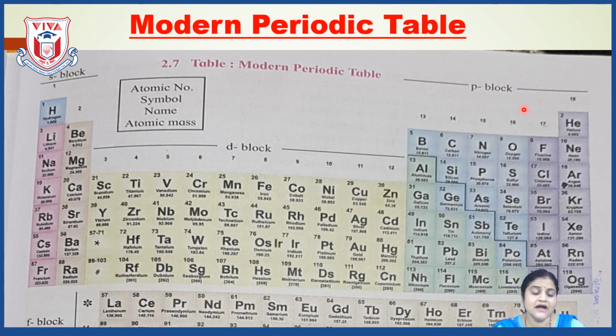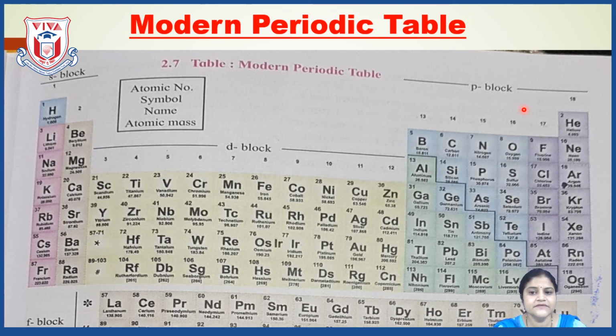That means after a definite interval, the properties of the elements are repeated. The main difference was that it was based on atomic number. As it was based on atomic number, many of the demerits were rectified automatically in the modern periodic table. The isotopes point was totally discarded.